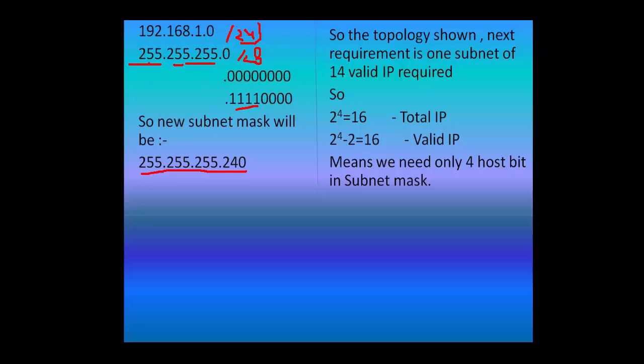Here we have 8, 8, 8, 24 bits, but after doing the subnetting or VLSM, 4 more bits go to the network side, so now it becomes /28.